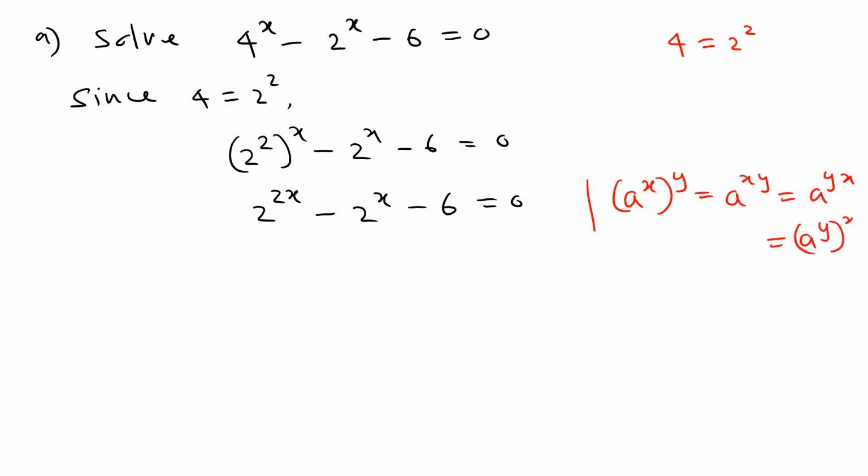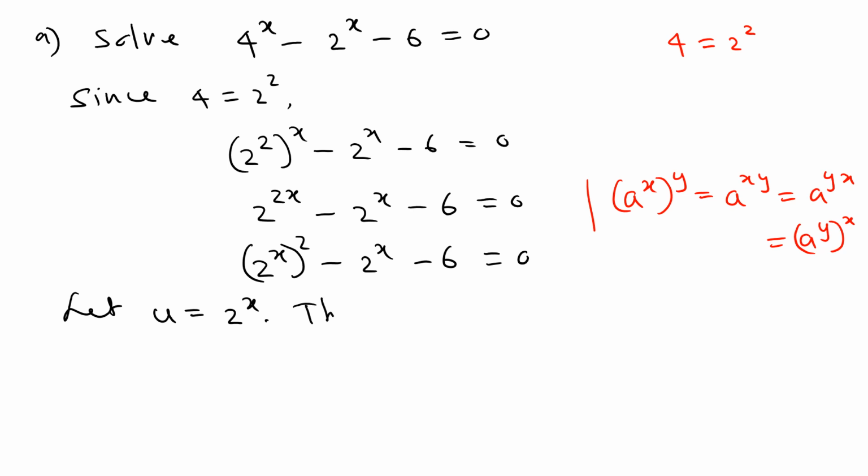So you can always switch the powers, xy or yx. We use the exact same trick here, rewriting this as 2 to the x, squared, minus 2 to the x minus 6 equals 0. Now we're going to let u equal 2 to the x.